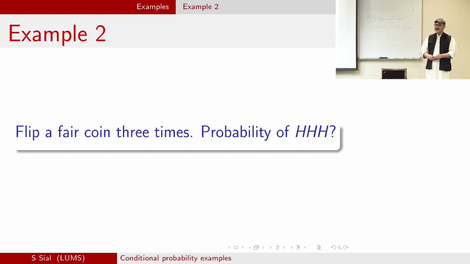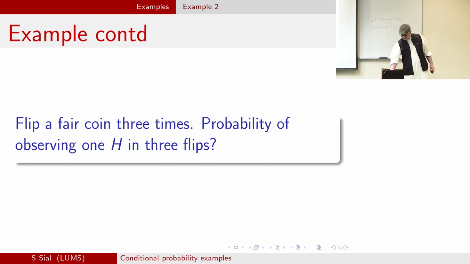So if I said the event A is getting an H on the first toss, and the event B is getting an H on the second toss, would we call those two events independent? Yeah. So in some sense, you could say that the coin doesn't remember the result previously, right?